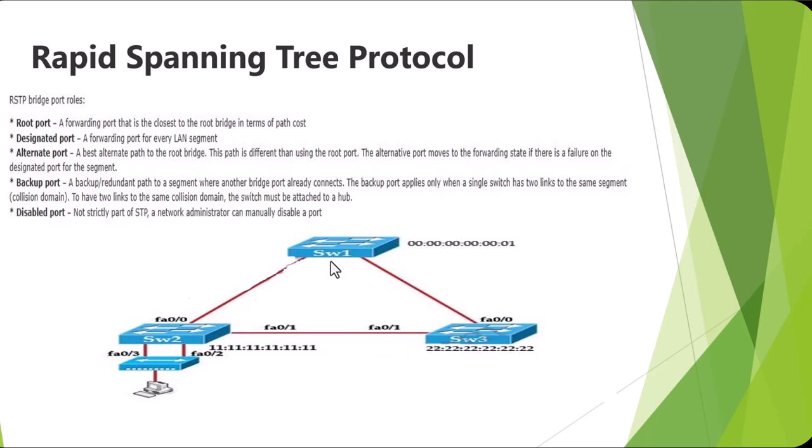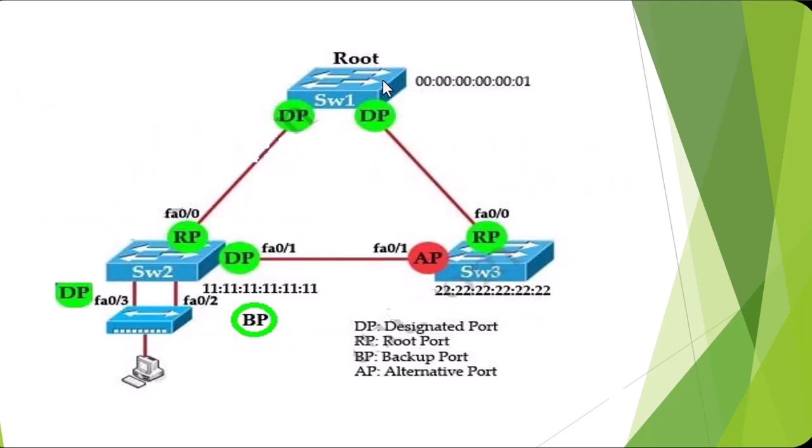So if we suppose that all the switches have the same priority, and if you look at the MAC address, you can see that switch 1 has the lowest MAC address, so it will have the lowest bridge ID, and it will be elected as the root bridge, and all its ports will become designated ports and forwarding.